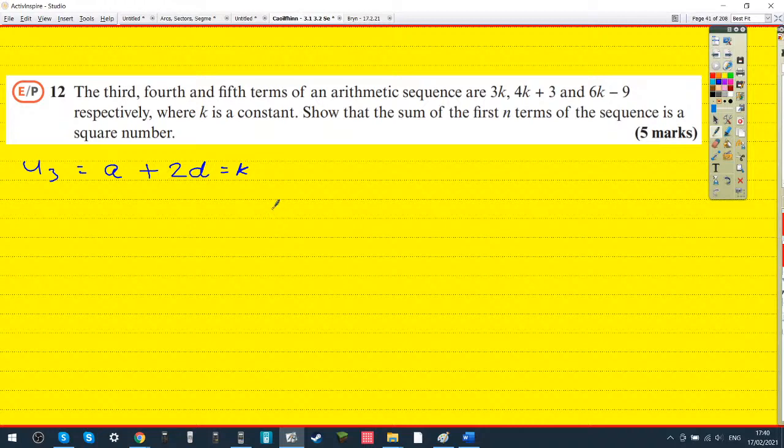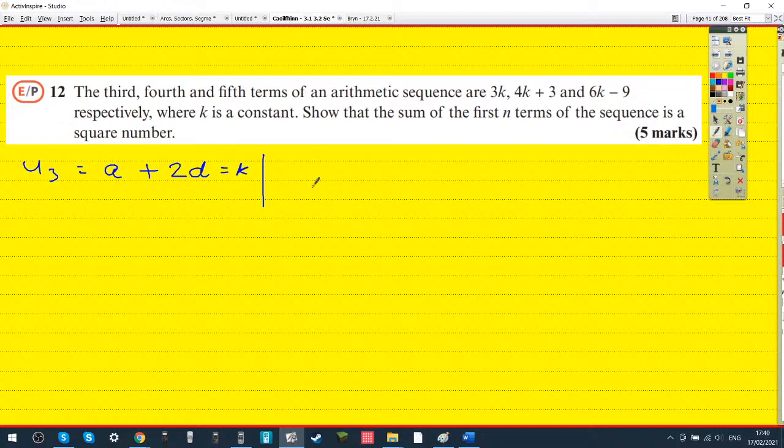Oh, you could. That's long. Anything else you could do? I'm not sure.